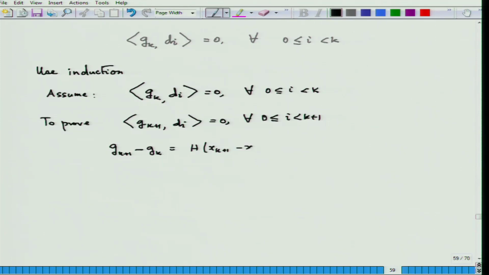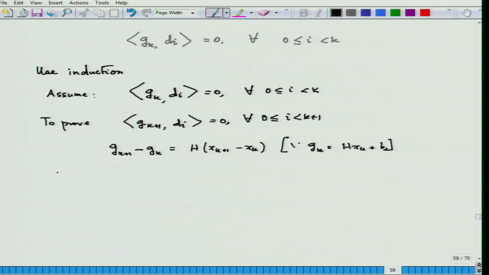Now, this one is very simple, since g_k is nothing but H x_k plus b. So, g_(k+1) would be nothing but H x_(k+1) plus b. So, b would get cancelled out, and this is what you will have.